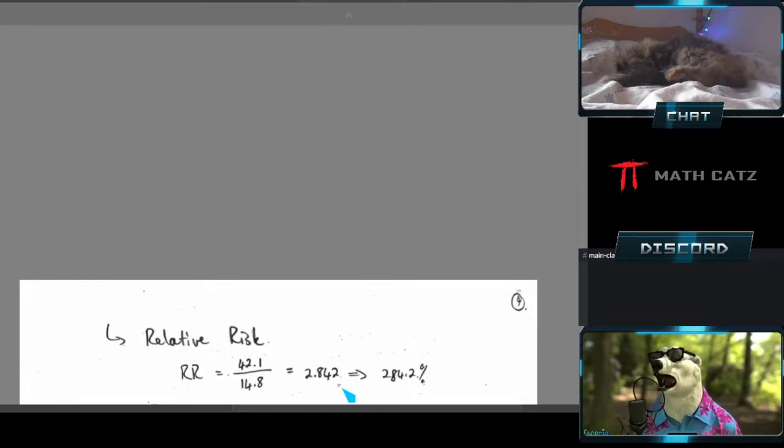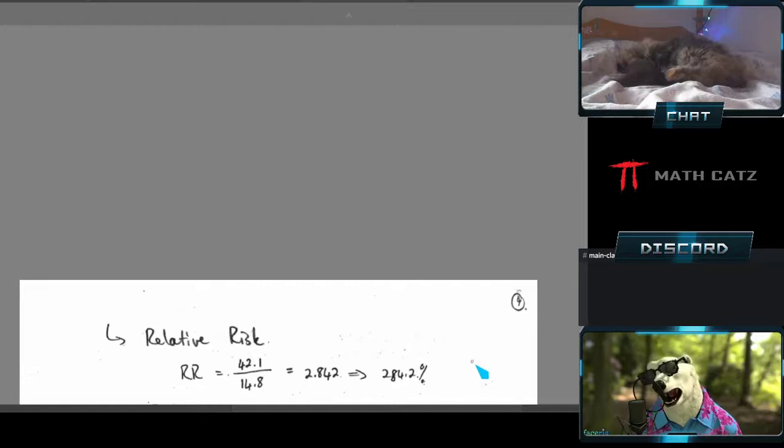And I get 2.842. That's a decimal. I can then convert that to a percentage as well. However, the percentage in this case is a little bit more difficult for people to wrap their heads around. So let's not worry about that just yet. I'll come back to it in a second.